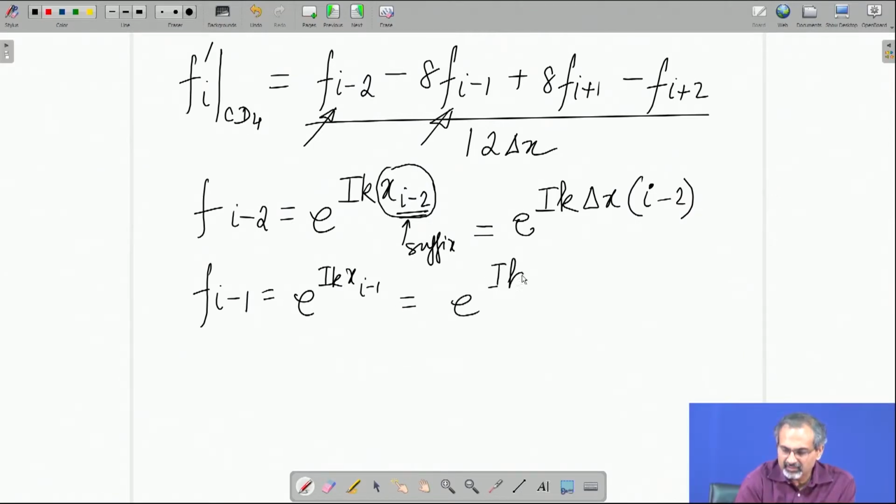In a similar manner, we define it for f I minus 1, and then we need an expression for f I plus 1 and f I plus 2.